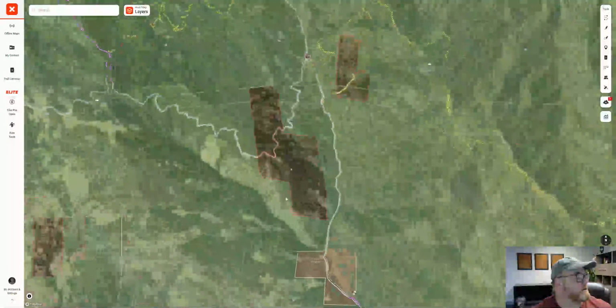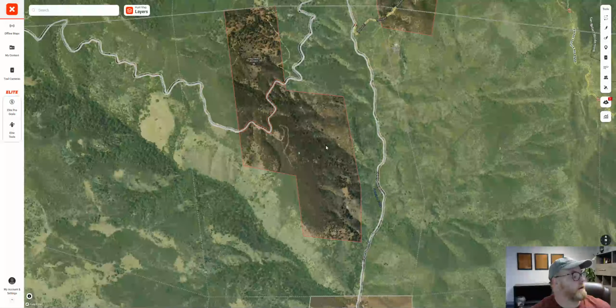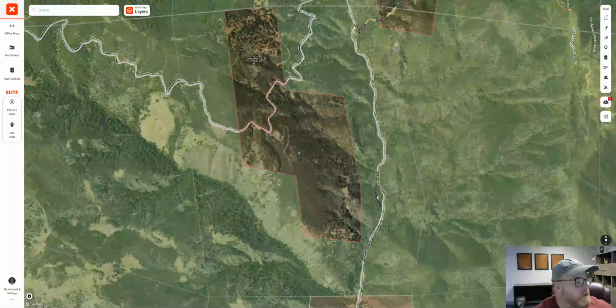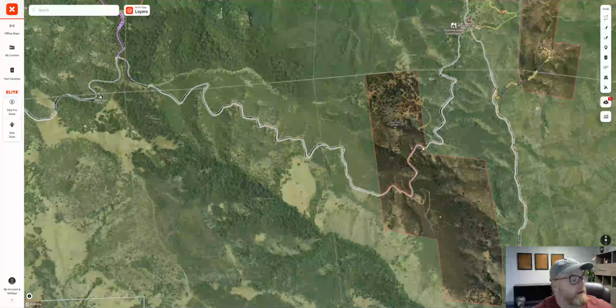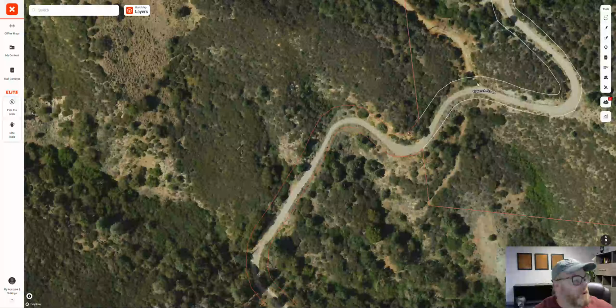So here's an example. You're in the forest, and then this guy owns a couple parcels in the forest. Well, all you're trying to do is avoid trespassing. Now there's this road, and so you go up this road, and it gets windy, and at a certain point you're going to enter upon his property.